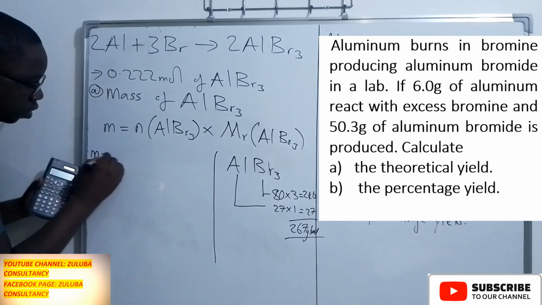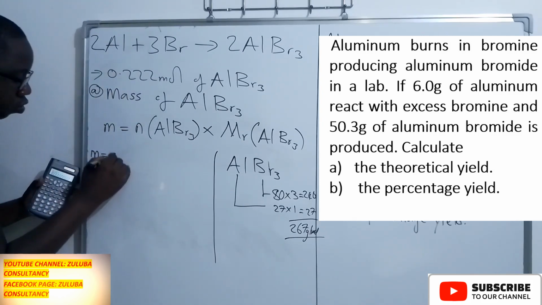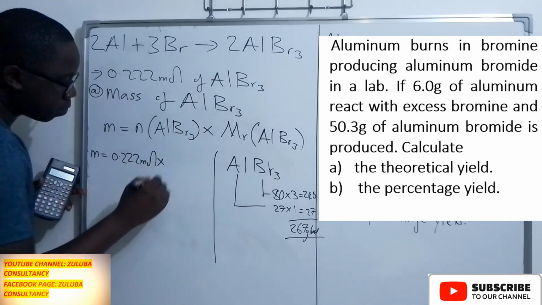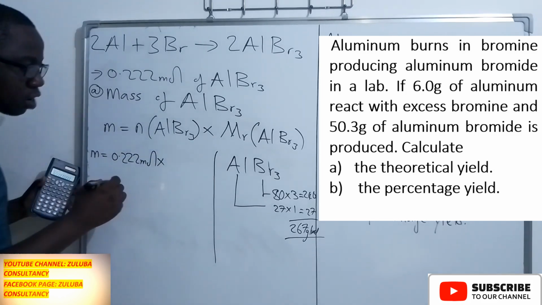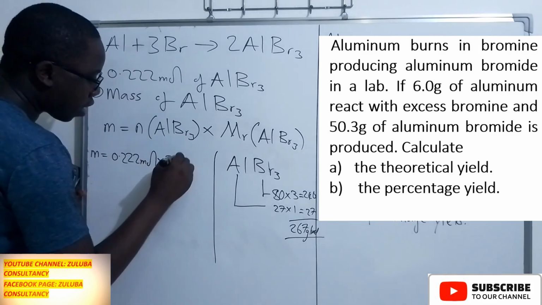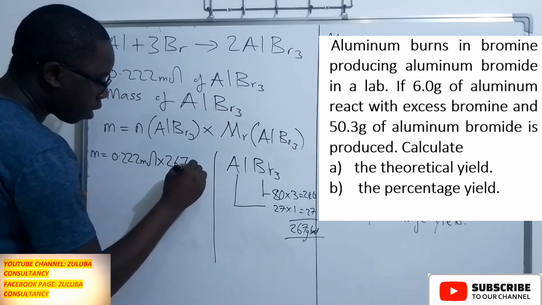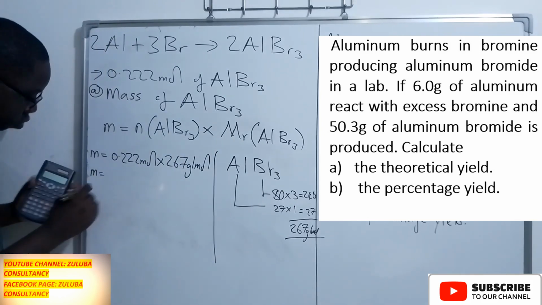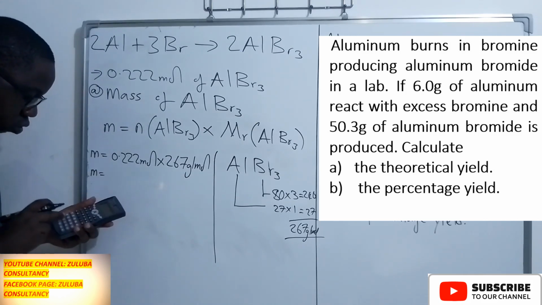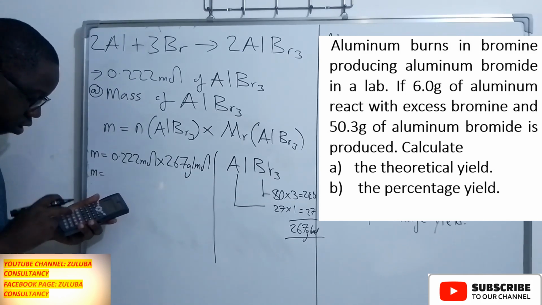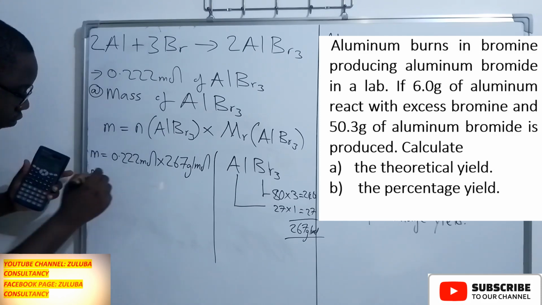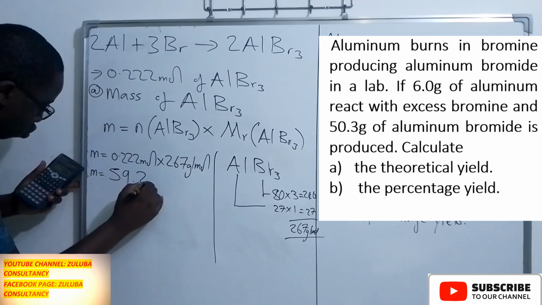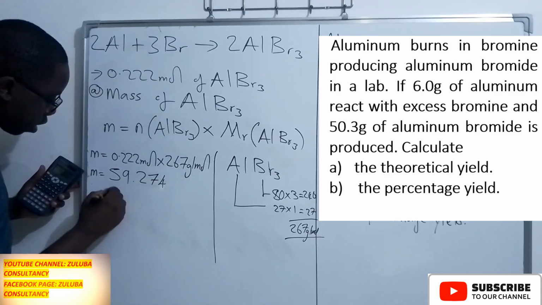The mass is equal to the number of moles, 0.222 moles, multiplied by the molar mass of 267 grams per mole. The mass, which is the theoretical yield, will be equal to 0.222 multiplied by 267. It is giving us 59.274 grams.